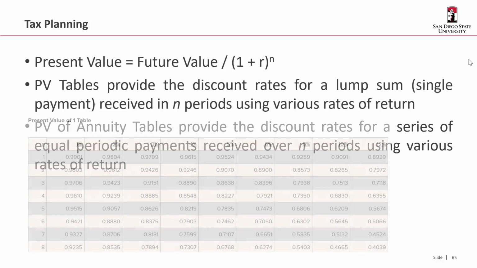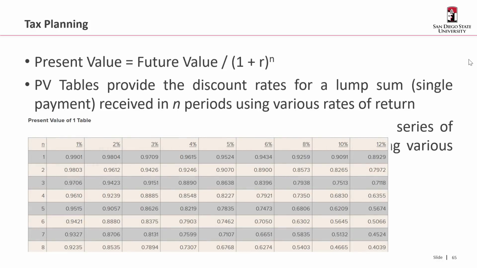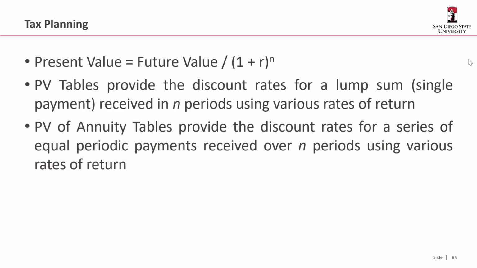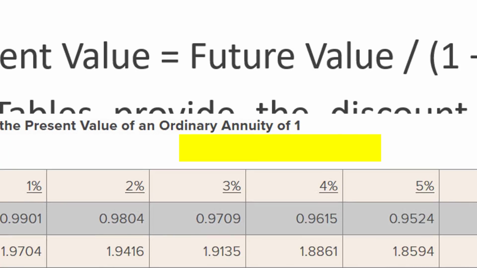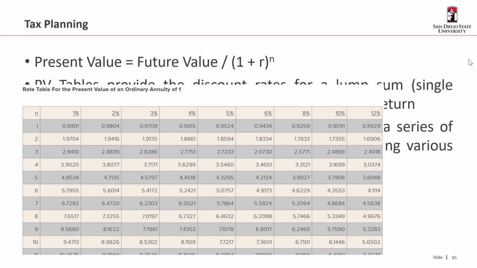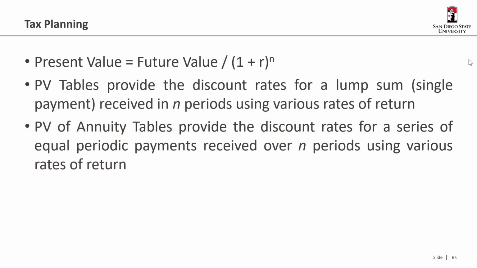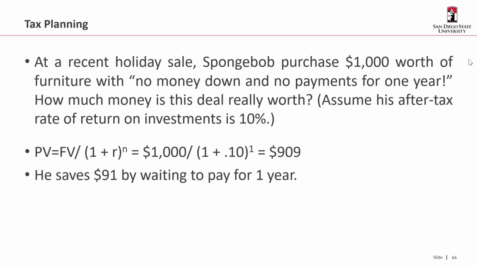So present value tables provide the discount rate for a lump sum or a single payment received in N periods using various rates of return. That can be differed from the present value of annuity tables, which provide the discount rate for a series of equal periodic payments received over N periods. So only make that distinction so you potentially don't get lost in the tables if you decide to go there.